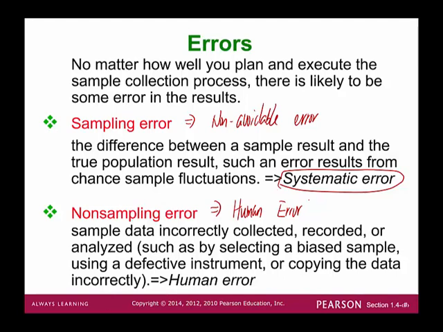For example, you could come up with a non-sampling error by selecting a biased sample, meaning you're not picking a simple random sample, maybe you just pick a convenience sample, or you could use a defective instrument or copy the data incorrectly. These are all human errors, and they are avoidable. Okay, so two types of error.